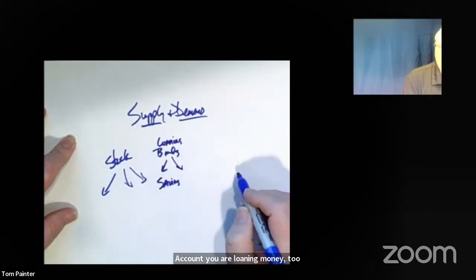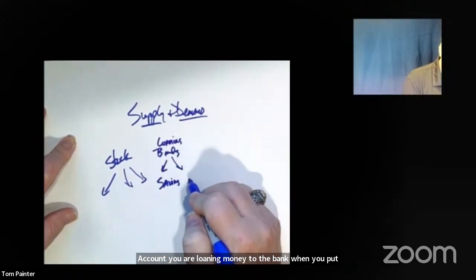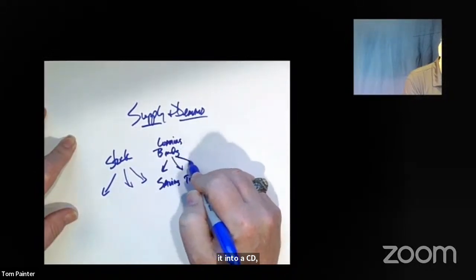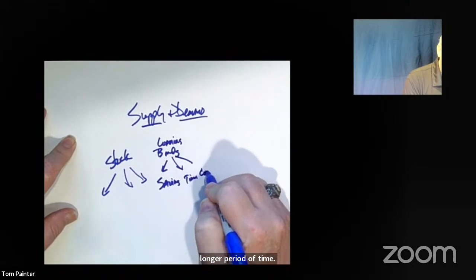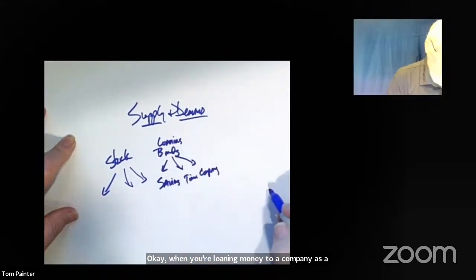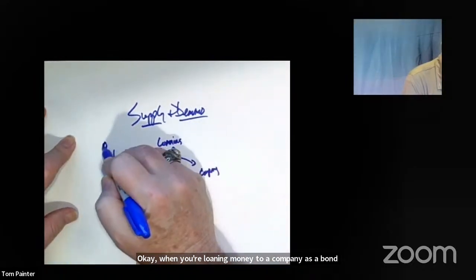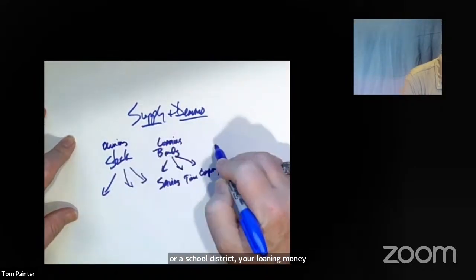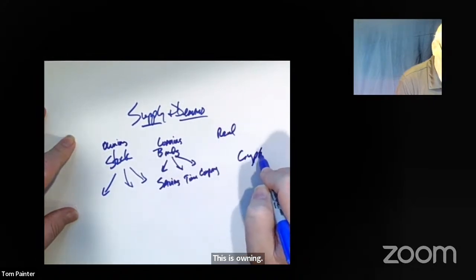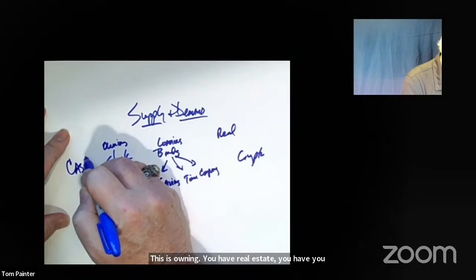When you put it into a CD, you're loaning money to the bank for a longer period of time. When you're loaning money to a company as a bond or to a school district, you're loaning money. This is owning: you have real estate, you have crypto, you've got cash.